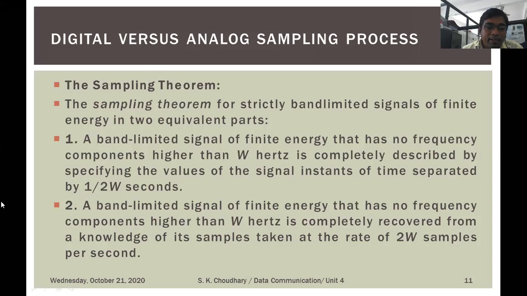This is a very important relationship, also defined by the Nyquist criteria. From the knowledge of the samples you can recover the actual signal if the sampling rate is equal to or greater than twice the fundamental frequency W.